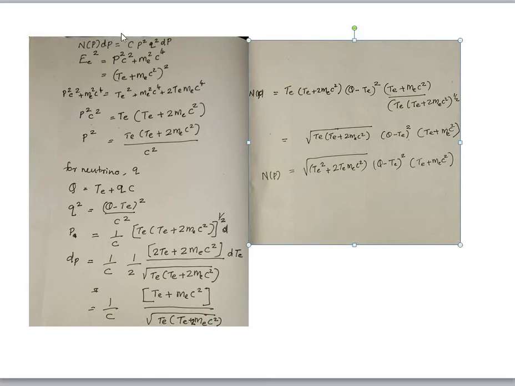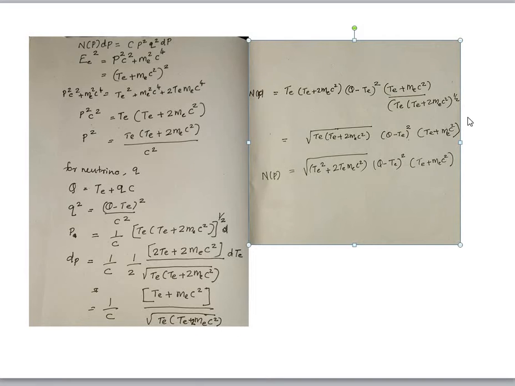So N(p) can be written, with the dp terms cancelling, as this constant times p², which is T(T + 2m_e c²) divided by c², and q², which is (Q − T)² divided by c². And this term can be written as 1 by c into (T + m_e c²) divided by the square root of T(T + 2m_e c²).